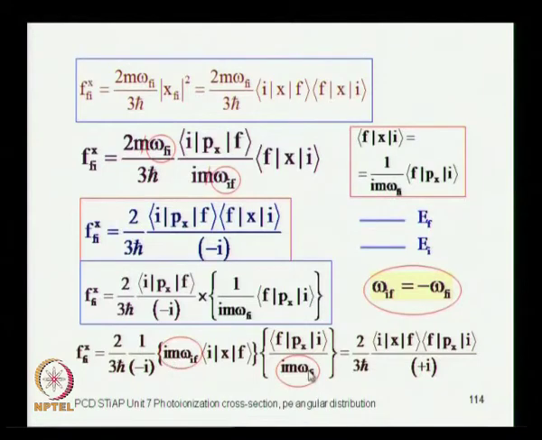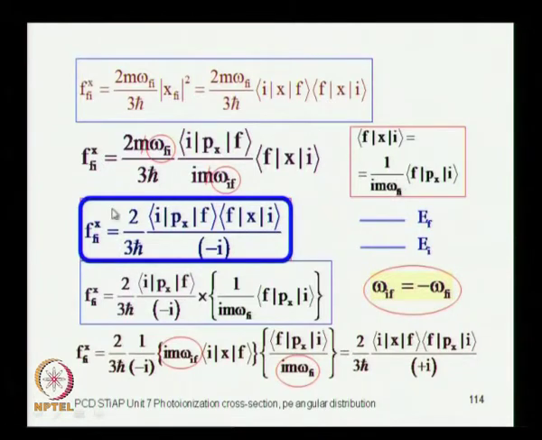So, you will get again a minus 1 sign, and then the common factors like m cancel out, and then you are left with a rather simple expression. So, this has got a very similar form, but it is important to keep track of these details because you will see that it leads us to a very important result. So, this is the form that I would like you to keep track of.